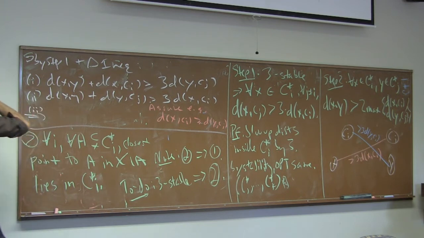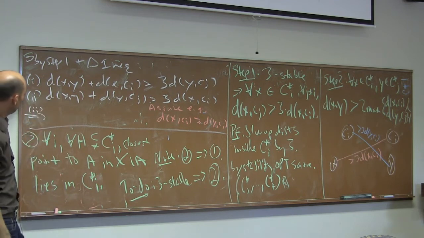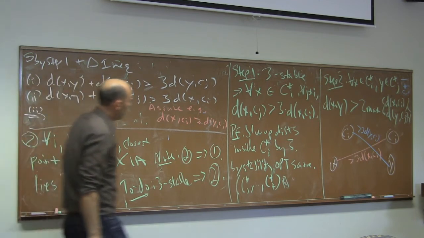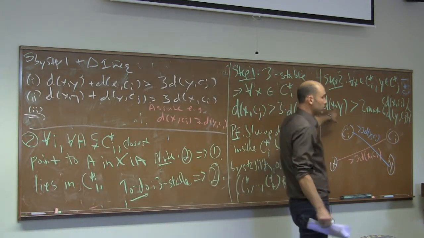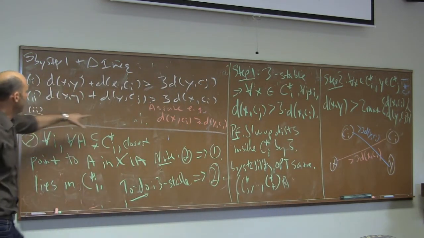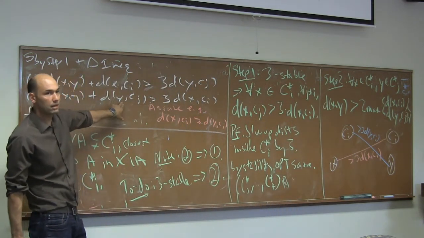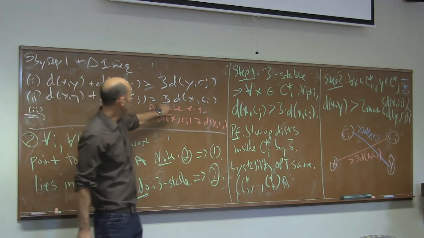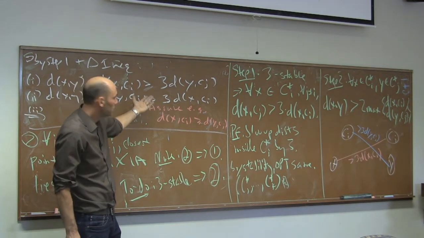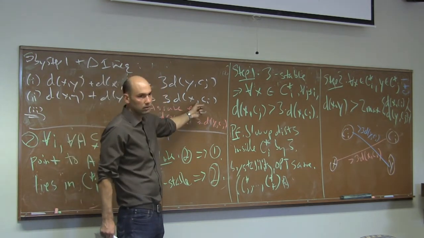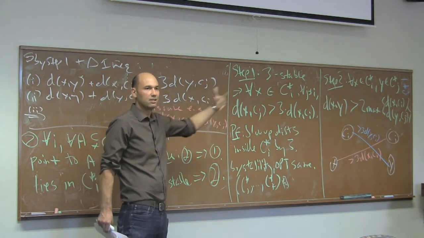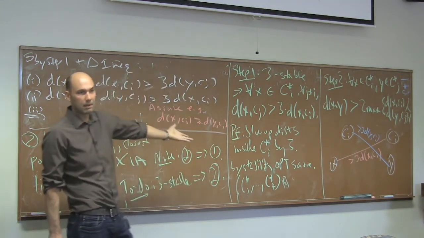Then let's look at 2. Remember what we're trying to do: lower bound the distance between x and y, which are in different clusters. We're just trying to say they're far apart. We have a lower bound. What do we want to do? We want to subtract off this term. So we have triple the distance between x and Ci minus the distance between y and Cj. But the distance between y and Cj is smaller. So it's 3 times something minus something which is less than 1 times something. So we're left with 2 times that thing.